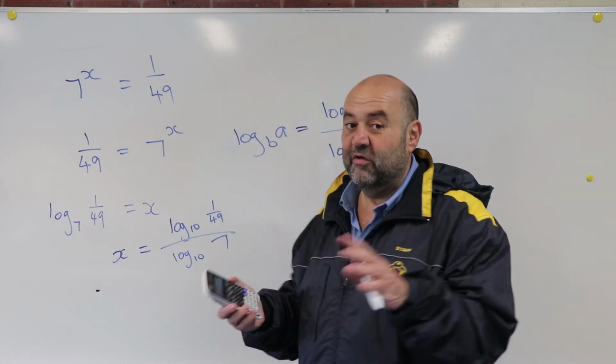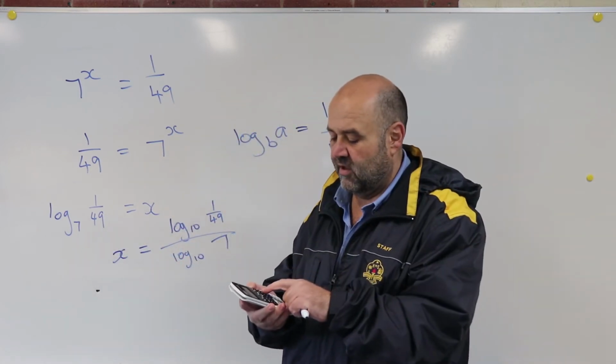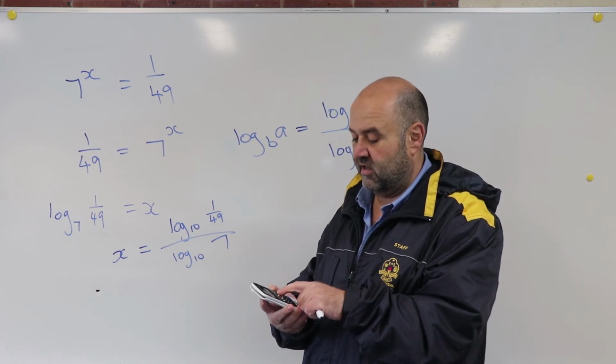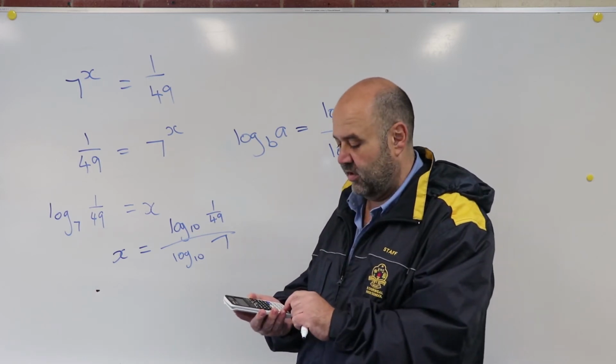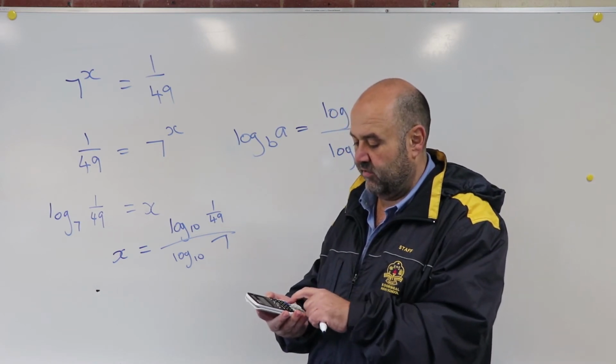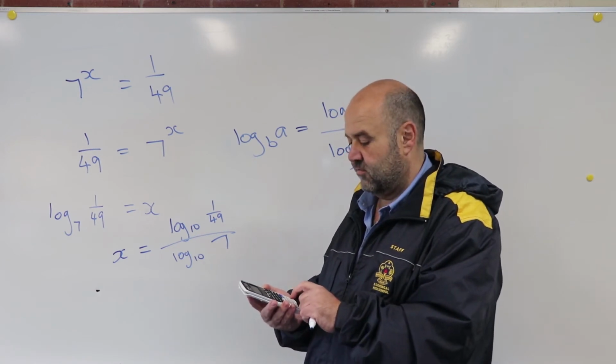But I'm not going to use base 10. I'm going to do exactly this thing here. So we've got a fraction where on top we've got log base 10 of 1 on 49, and on the bottom we've got log base 10 of 7.